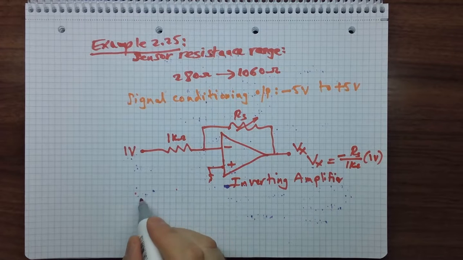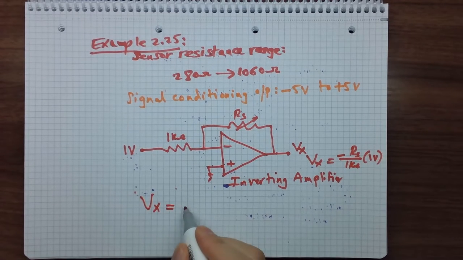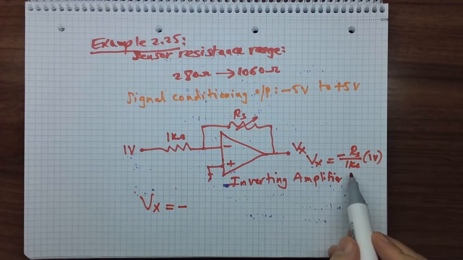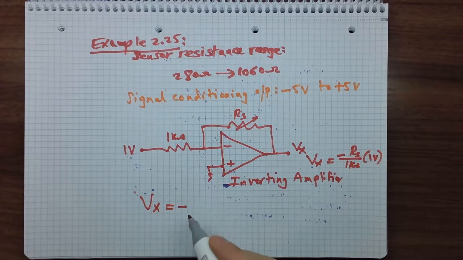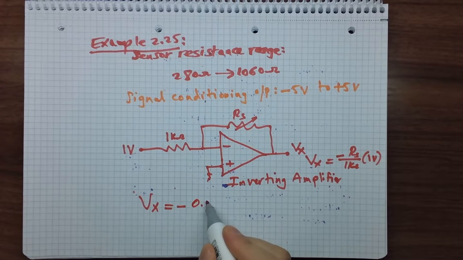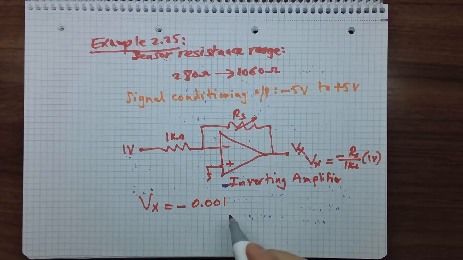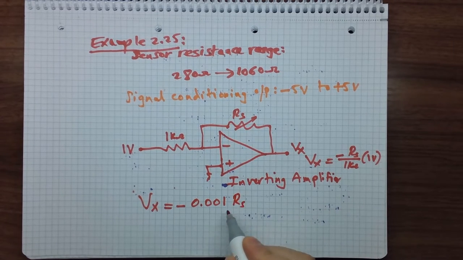So we can say Vx in this case is equal to minus, because we divide by 1000 ohm or 1 kilo ohm, 0.001 times 1 volt times Rs. So this is Rs.